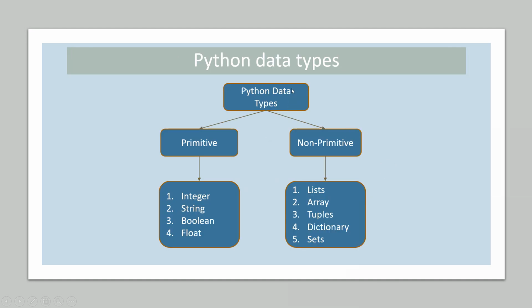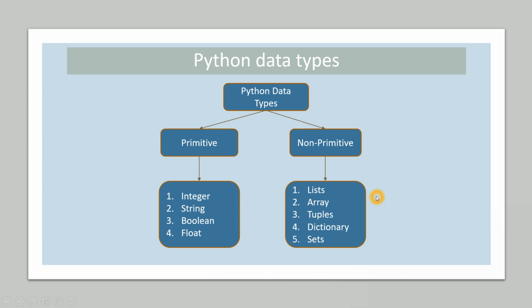So what are the data types in Python? Python has certain data types, like we have primitive and non-primitive data types. In primitive data types we have integer, string, boolean and float, whereas in non-primitive data types we have list, array, tuples, dictionary and sets.